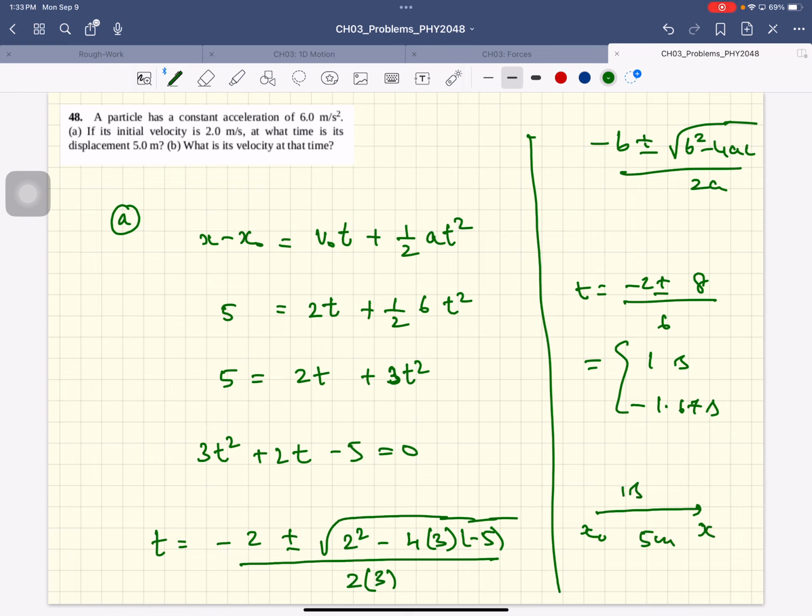All right, what is the negative time solution? Let's see.